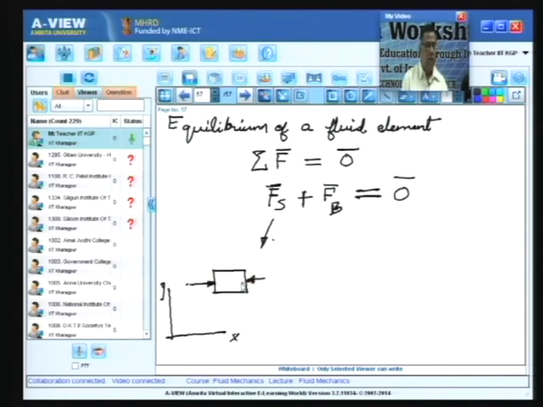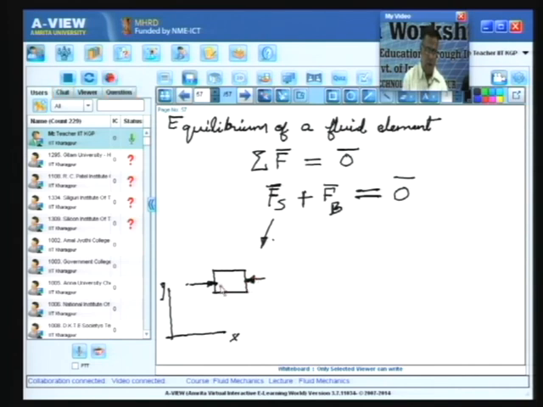If they are the same, then the forces will cancel out and the net surface force on this element may be 0. Now, we are considering a general pressure field. So, the pressure at this point and the pressure at this point are going to be different.